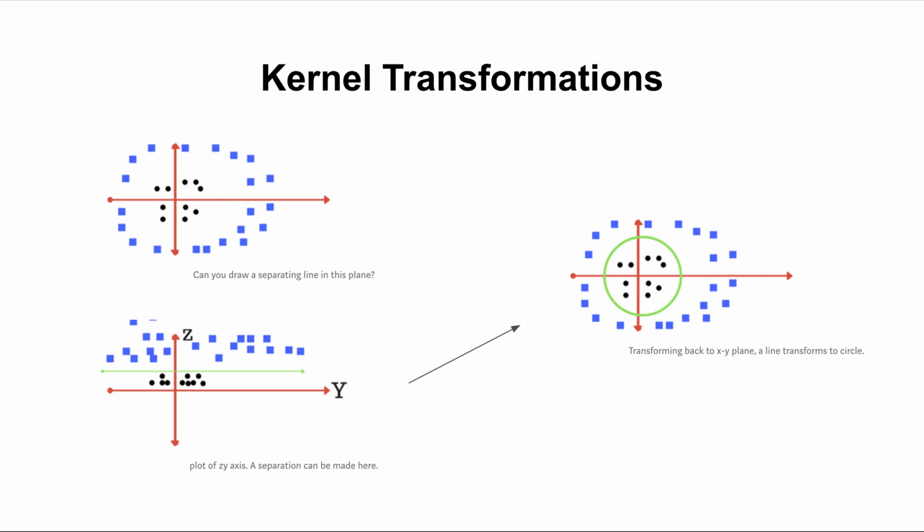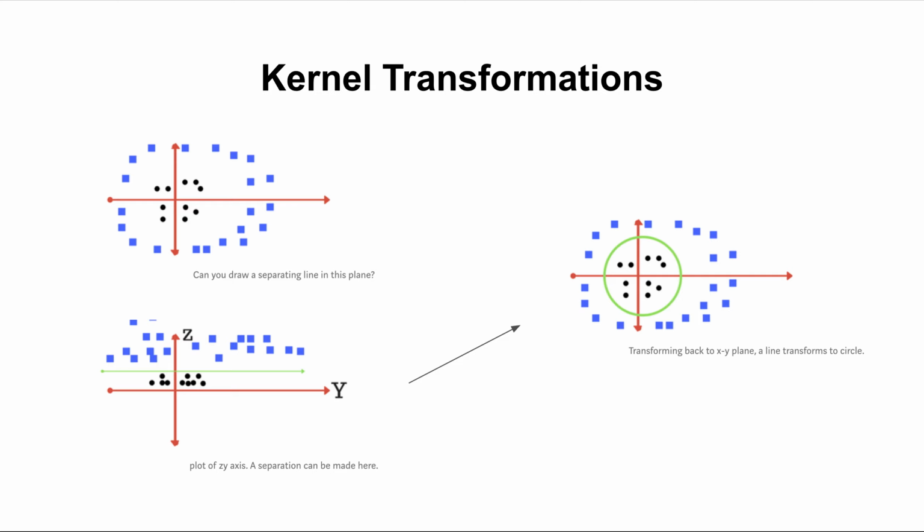Because in these kernel transformations, we're basically mapping the original plane to some more convenient environment. To make that easier to understand, we have a really complex circular data environment in the first graph. After we transform it with the kernel transformation, we basically transform it into a dimension or a set of dimensions where it's easier to visualize and easier to draw a separating hyperplane.